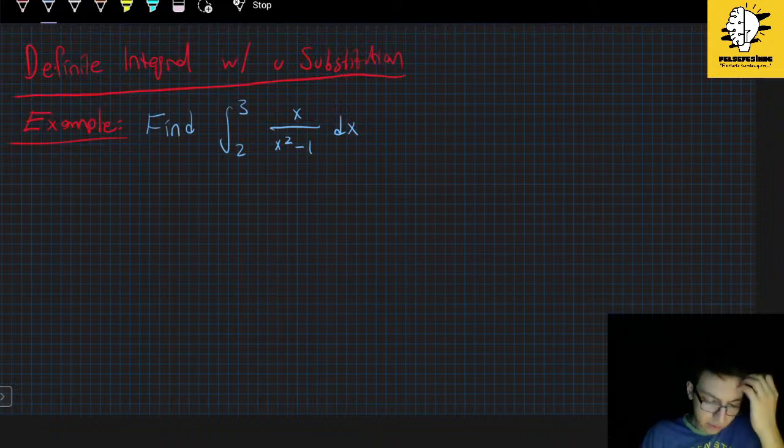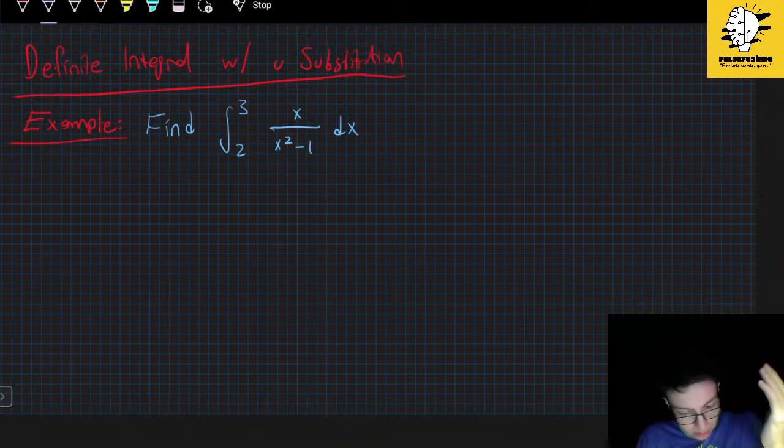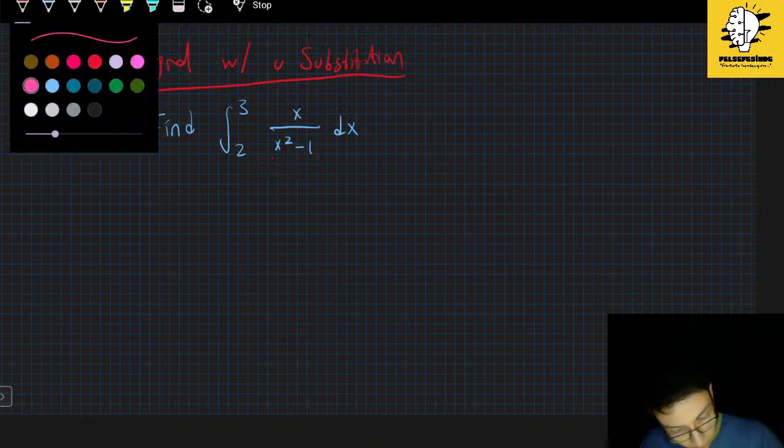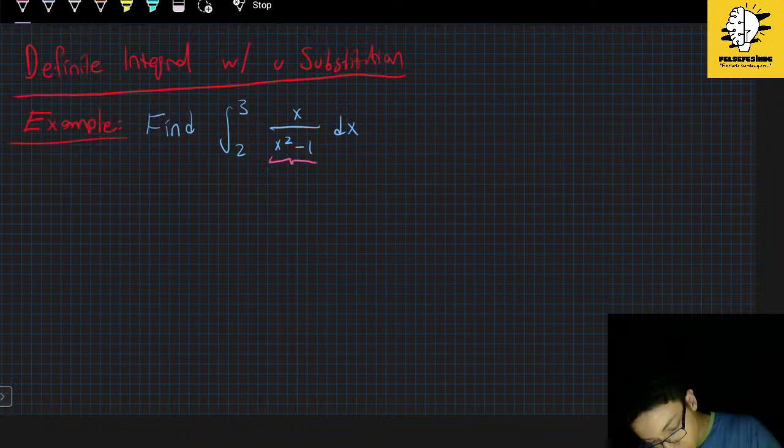Why? Obviously, we will be using u substitution. I cannot use partial fractions. In the numerator, I have x, and I see x squared minus 1. Let's call this one u.